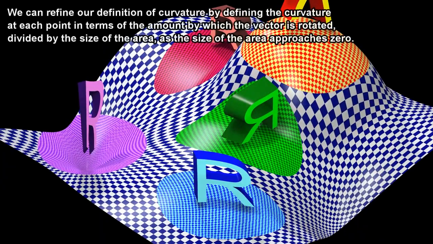We can refine our definition of curvature by defining the curvature at each point in terms of the amount by which the vector is rotated, divided by the size of the area as the size of the area approaches zero.